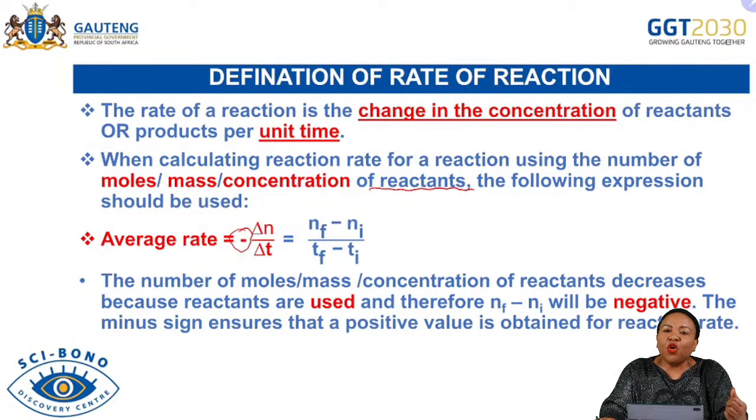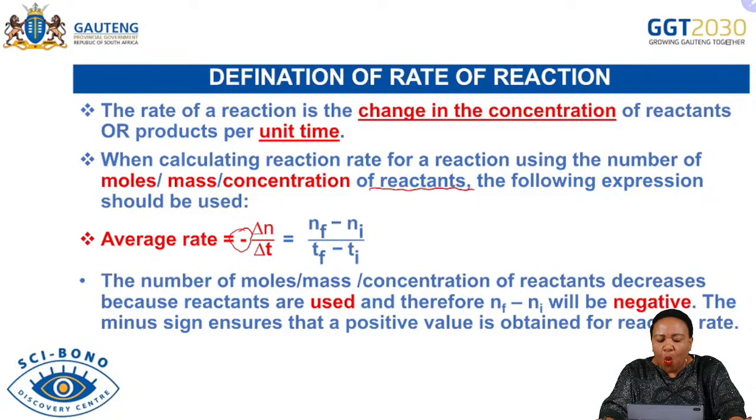I have already explained to you that as the reaction proceeds, the concentration of the reactants will decrease. What makes the concentration of the reactants decrease is that the reactants are being used. And as the reactants are being used, their final number of moles will be smaller than the initial number of moles, because the concentration will be decreasing, the mass will be decreasing, and also the number of moles will be decreasing.